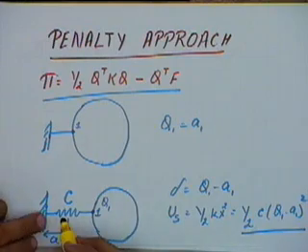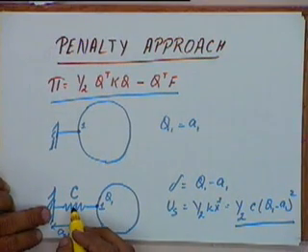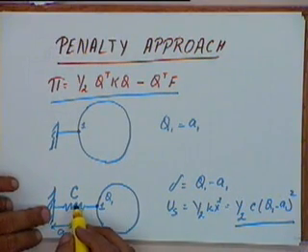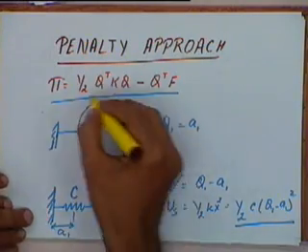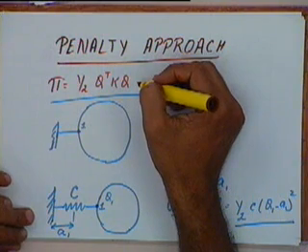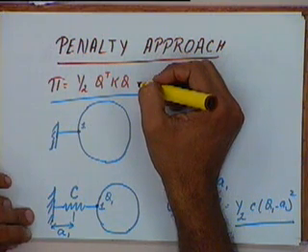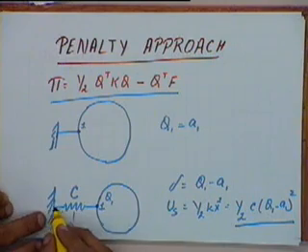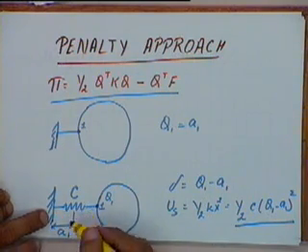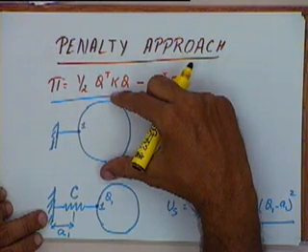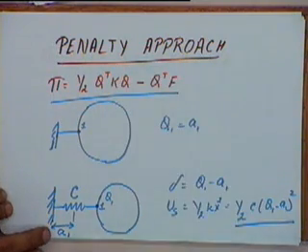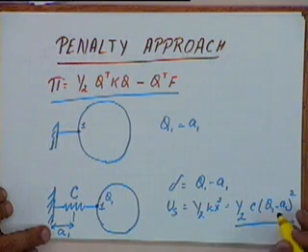Essentially what we will say is that if I take this spring and I make this spring very stiff, as C approaches infinity, this system will approach this system. As this spring becomes very stiff, this system will be almost the same as this system, because then I will essentially get Q1 equal to A1.